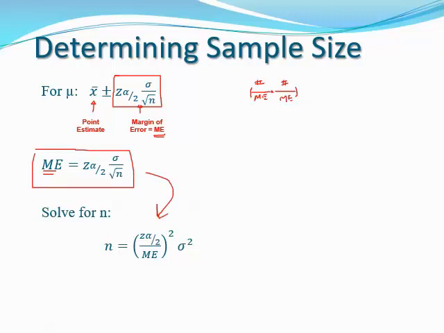I'll be glad to show you. Now, in this formula, again, we're choosing the MA, the margin of error. We're going to have to come up with a reliability level. So a 95%, for instance, is going to become a 1.96 number, or a 90% confidence interval becomes a 1.645 number, and 99% becomes a 2.576.